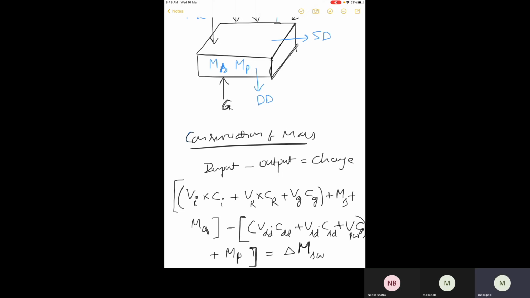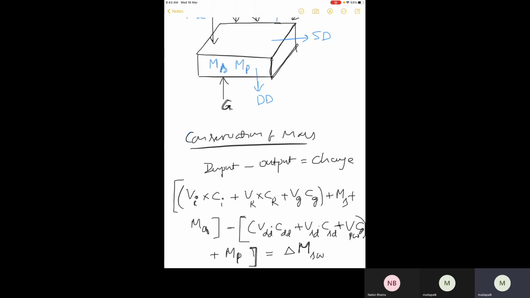Suppose the soil salinity of the field before is, let's say, 4 deci per meter, and at the end of the season when you harvested the crop, you still find the soil salinity is 4 deci per meter. That situation we call the steady state.